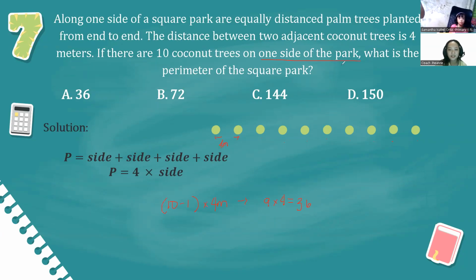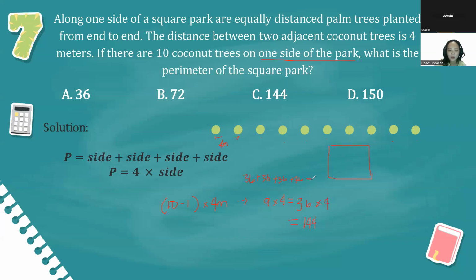This is only on one side of the park. And the park is a square, so that means it has 4 sides. So 36 times 4, or 36 plus 36 plus 36 plus 36, is just the same.